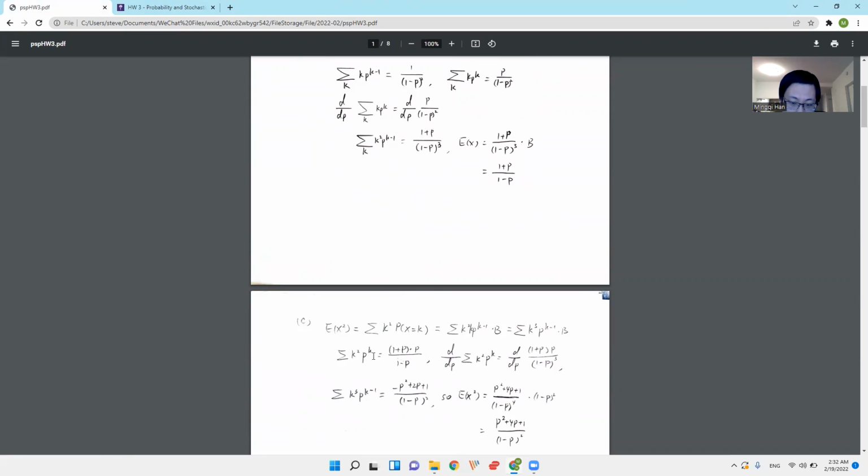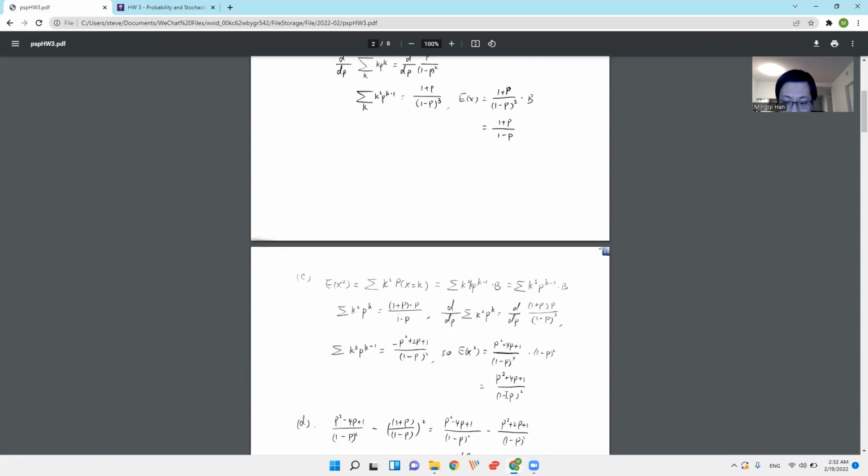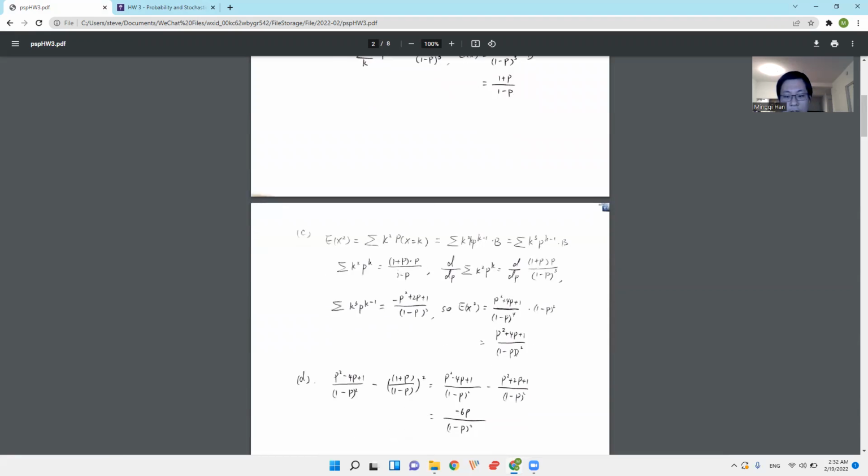This side times p negates the k minus 1, leaving just k. Taking the derivative, we get this part. The right hand side is this, and the left hand side is the expected value of X squared without the b, and plugging b in, we get this value. And that's part C.